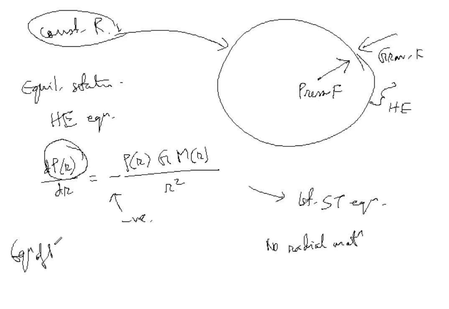Equation of motion. Again, you must remember that I have also derived this. So the equation of motion was, remember, of this form: d2r/dt2 is equal to minus rho G M by r minus dP/dr. And only when there is no acceleration of a pocket of mass, then this term is zero and we have hydrostatic equilibrium.